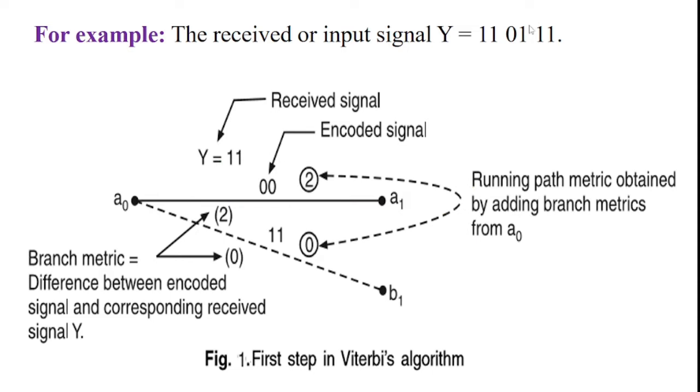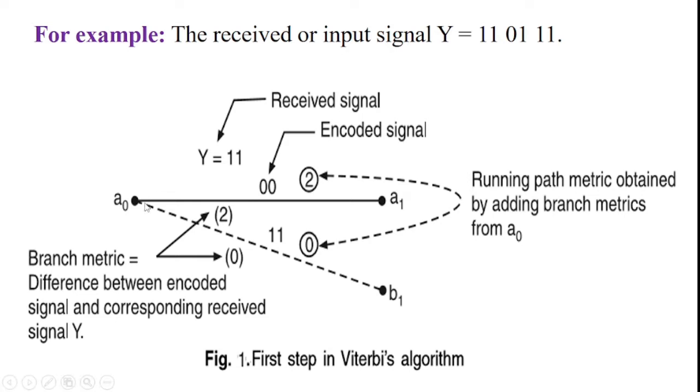Now in this diagram, the first step in the Viterbi algorithm: A0 represents the initial state, and A1 and B1 represent the next possible states. The initial state A0 is 0 0.